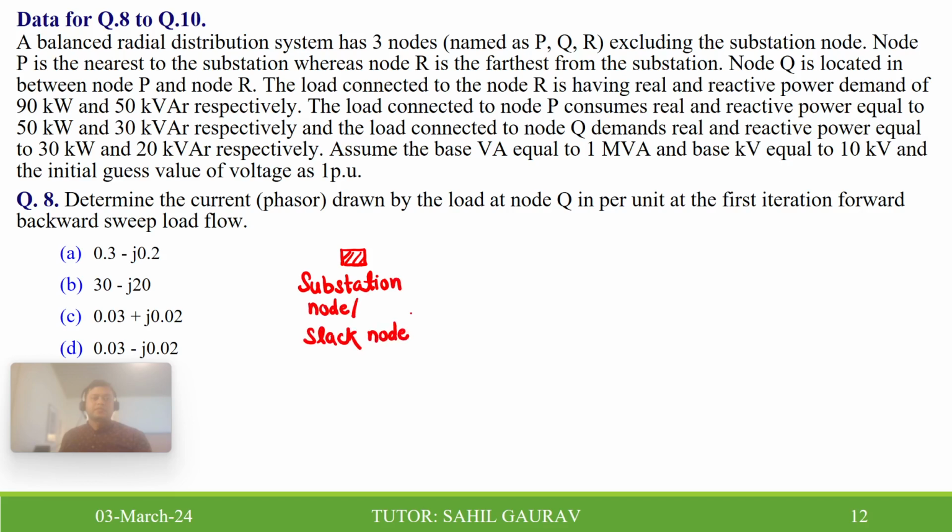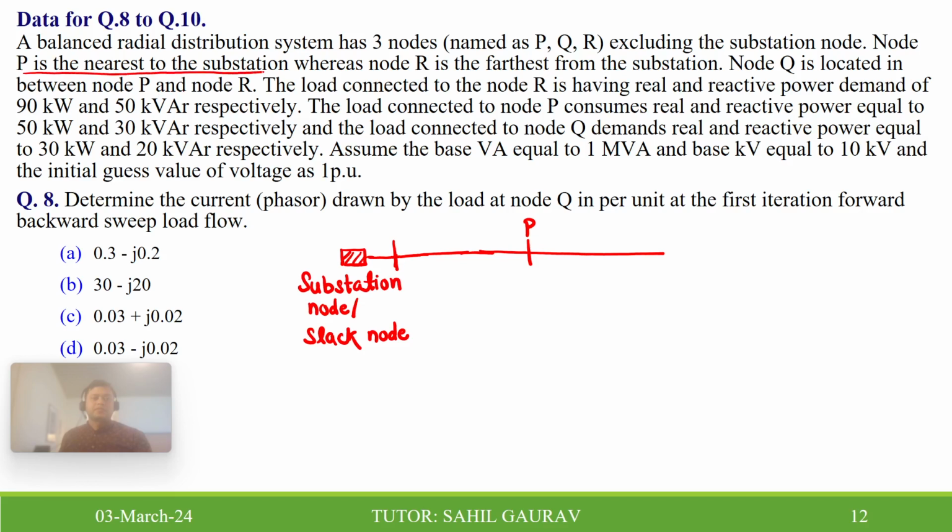First we make the substation node or slack node, and this slack node is connected to node P. So this is node P, the first node, since P is nearest to the substation.